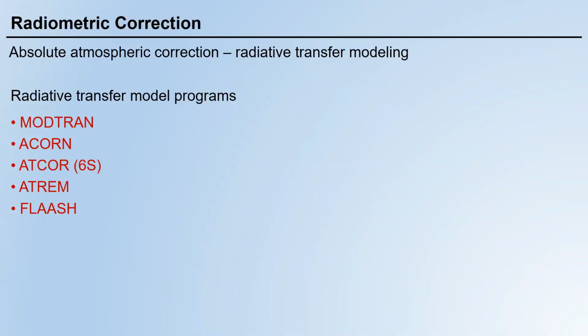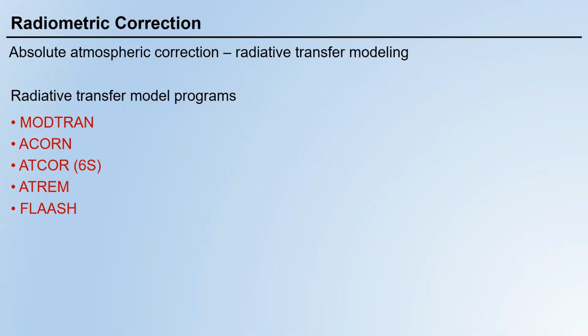So the advantage of them is that they can be used anywhere around the world because they're rationale models. They have nothing to do with statistics. They only care about the actual mechanism of EMR transmittance in the atmosphere.